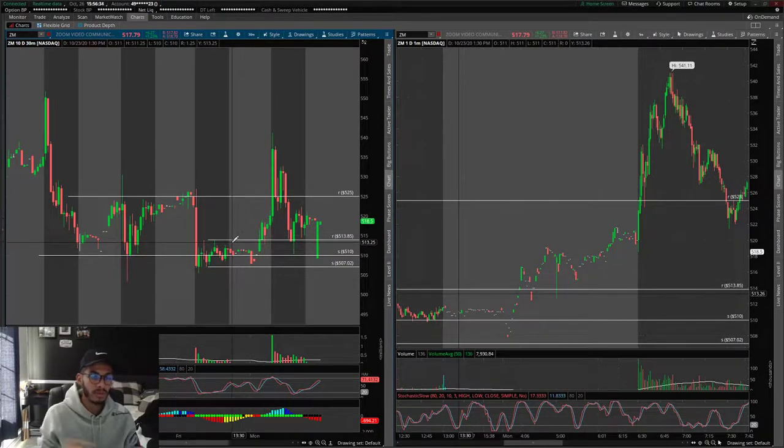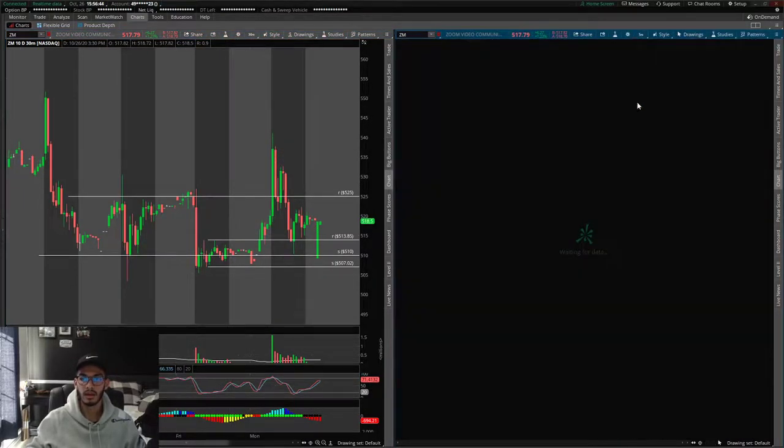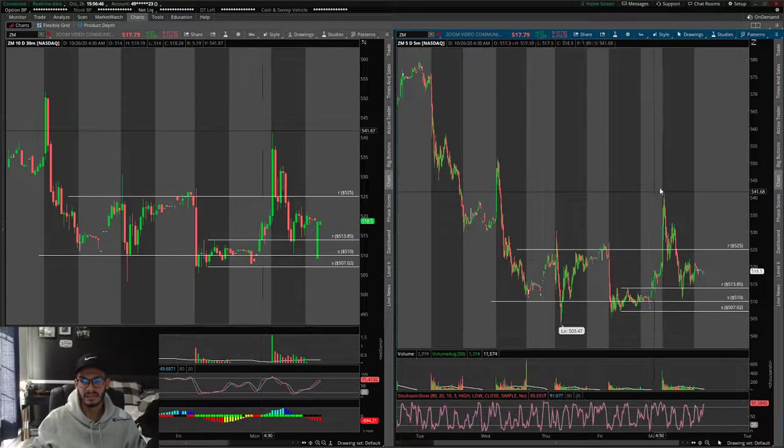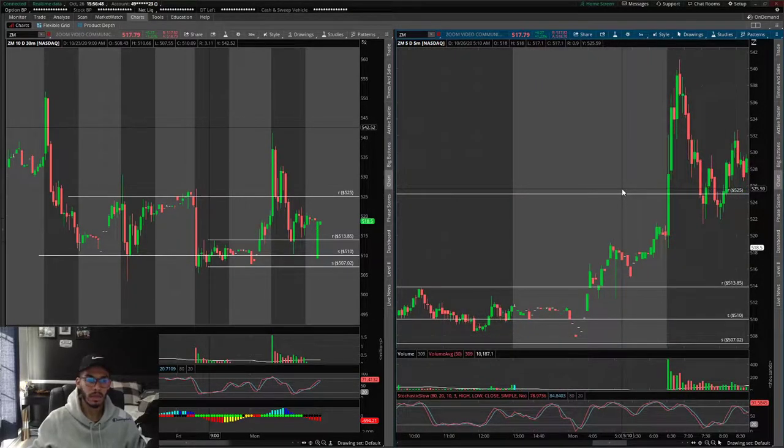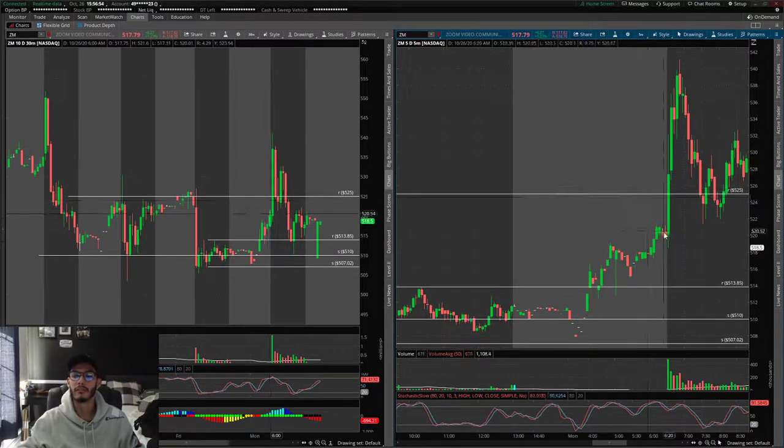But with the Zoom news that came out during pre-market, I was already bullish on the play. So I wanted to scale down to a lower time frame to see if I can find a potential entry, so I could know where to base my risk off of.